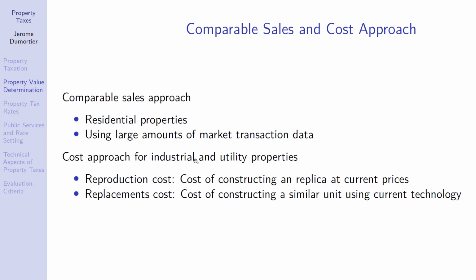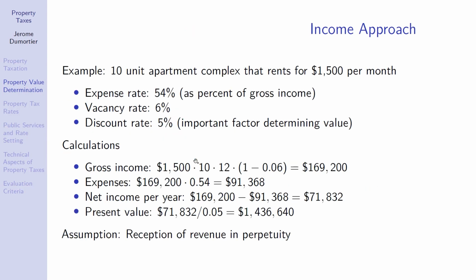Now, the final approach can be used for, say, multifamily homes or apartment complexes. So here, let me give you an example, and note that this example is very similar to what we have seen about the net present value. So consider that you have a 10-unit apartment complex, and each of those 10 units rents for $1,500 per month.